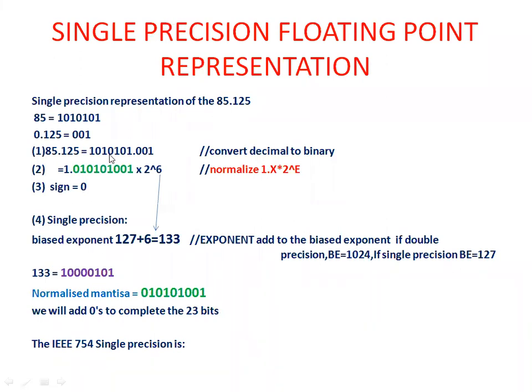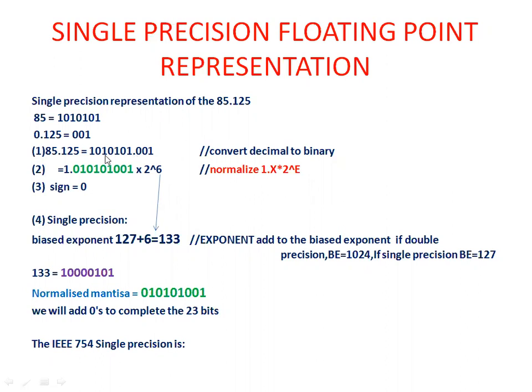It is 1010101.001. Here we have the radix point. Now we have to move the radix point after the first bit of the binary number. The first bit is 1, so you have to place the radix point here.